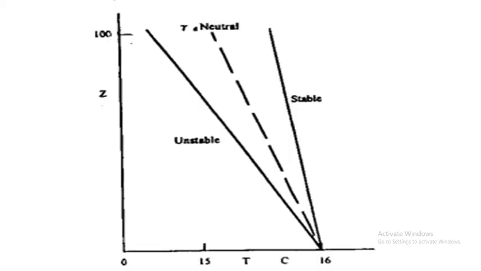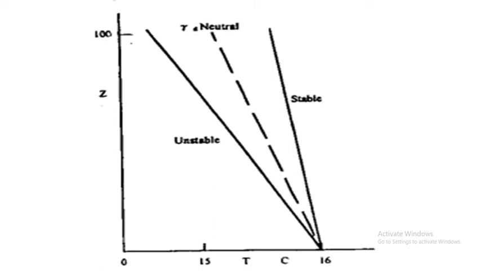Last one, the relationship between the vertical profile and the thermal stability of the atmosphere. This graph is drawn between temperature and distance. Temperature decreases upward in the atmosphere.